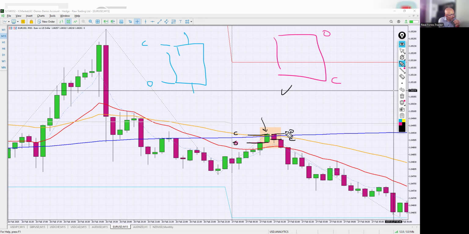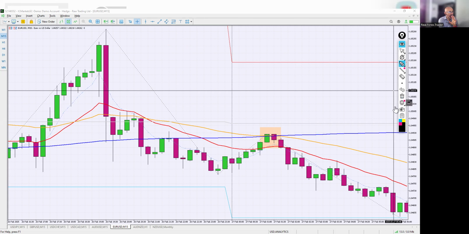Check. The second thing, both of them have their open and close at the same level. Check. The bear candle is contained, kind of engulfed, within the bull candle. Check. So that is how I'm going to spot it. Okay, clear. So now I have my Harami pattern.